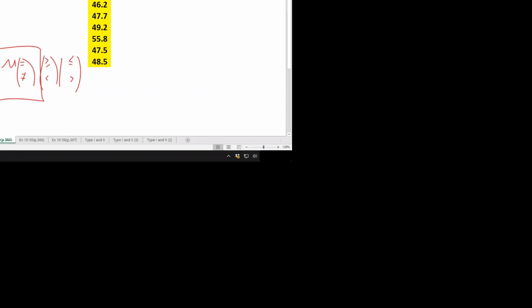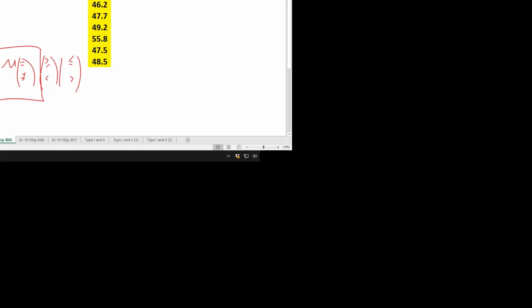Okay. So H sub 0: mu equal to 50. Translation: process is okay. It's filling at the target average. H1: mean is not equal to 50. Process is not okay. Why not okay? Well, if the mean is less than 50, that means they are underfilling the bags.